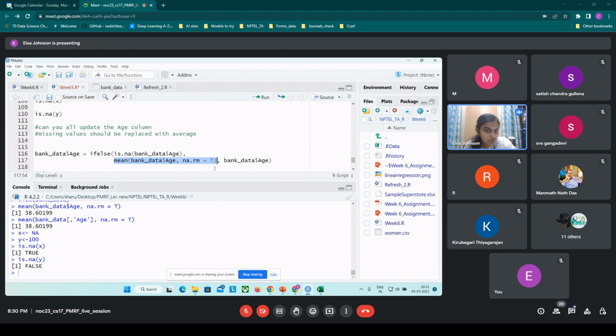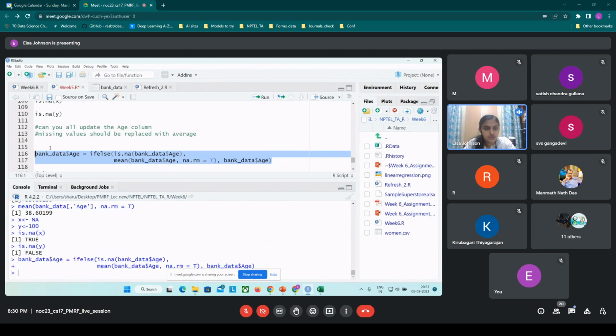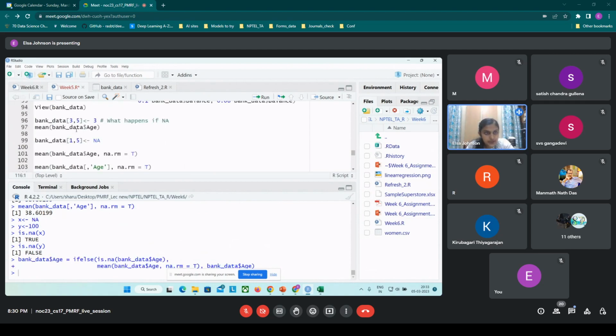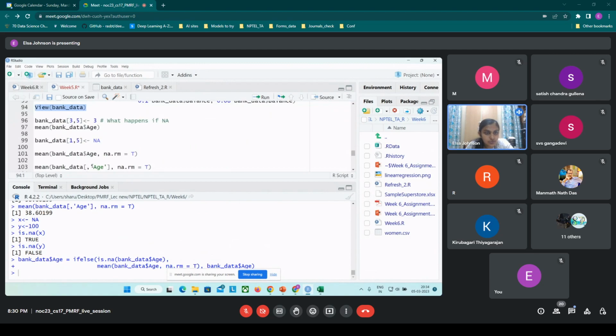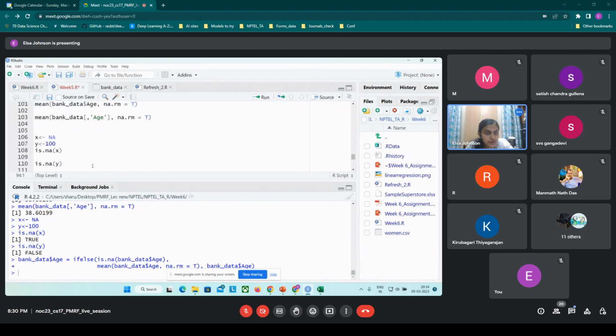Otherwise, you fill it with the normal age value itself. If you run this code, it will remove the NA values. If you view the bank data right now, you can see it has changed to the average value. These are some operations that you can do.